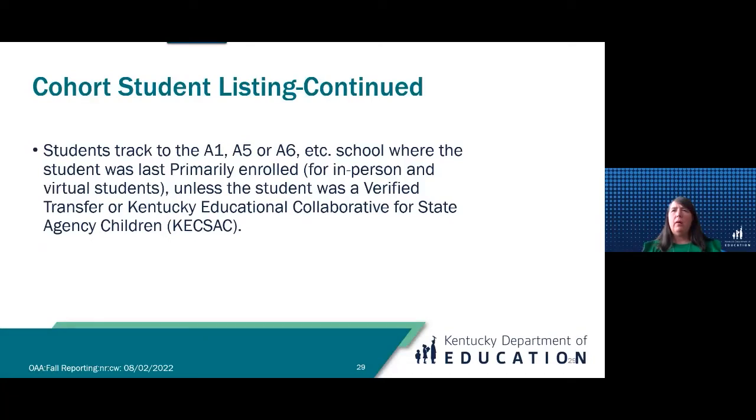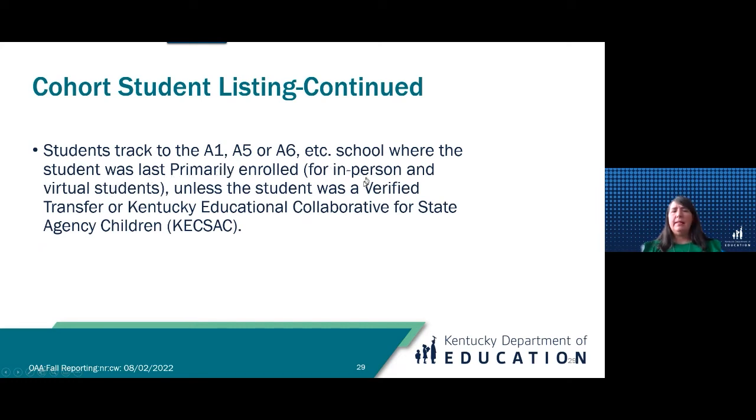If there is a valid withdrawal for that student, such as they withdrew and went to another state, make sure that particular G code is in Infinite Campus and that it also reflects on the cohort student listing.